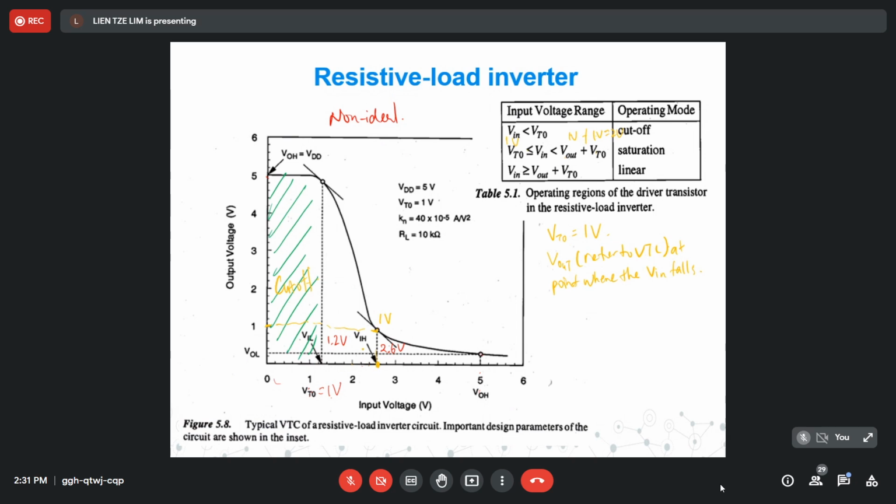Maybe I have to select a point that is not at VIH. It should be below, in between the threshold voltage and VIH. I take another point and see.